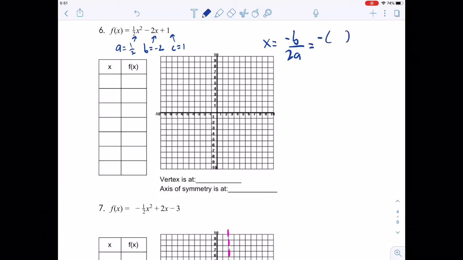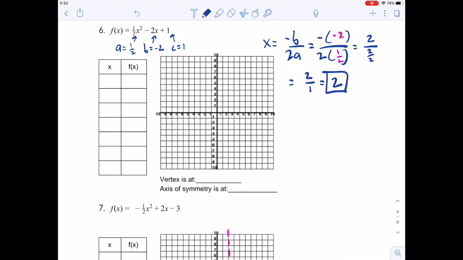So we substitute our b, which is negative 2, and our a, which is 1/2. So negative negative 2 is positive 2 over 2 times 1/2, which is 2 over 2. And that ends up to be 2 over 1, which is 2.